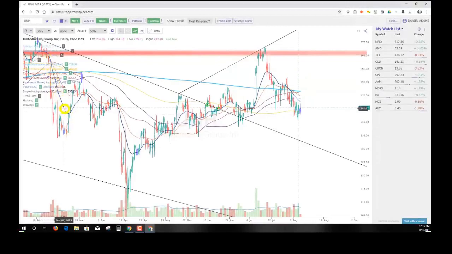This 9 EMA daily is one of the major moving averages that I use on daily charts. I use them on hourly charts, I use them on 5-minute charts, and that's how I trade momentum. Typically, whether I'm swing trading or day trading, I'm trading momentum because I'm trying to take a large position, capture a decent move, and then get out before the shift, before I'm giving any profit back.